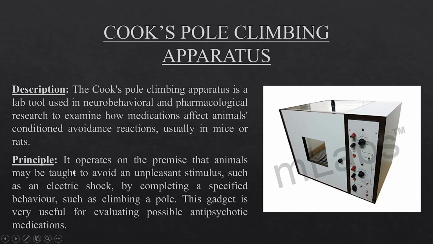Now, the principle. The principle says it operates on the premise that animals may be taught to avoid an unpleasant stimulus, such as an electric shock, by completing a specified behavior, such as climbing a pole. This gadget is very useful for evaluating possible antipsychotic medications. So the instrument works on the principle that we teach animals to avoid the unpleasant stimulus, the electric shock, by completing a specified behavior: climbing the wooden pole.